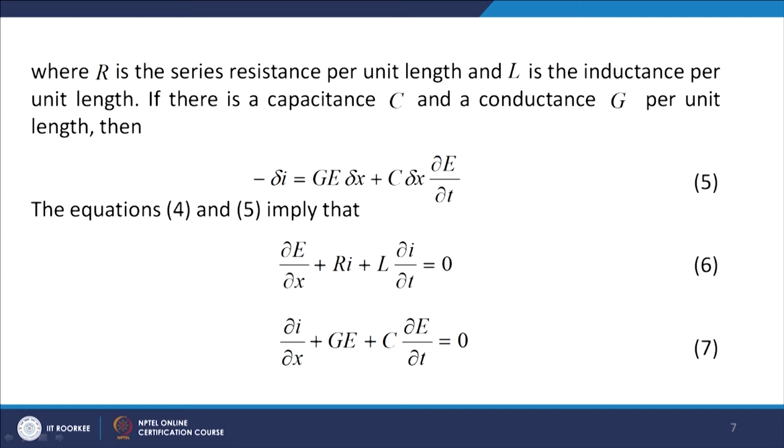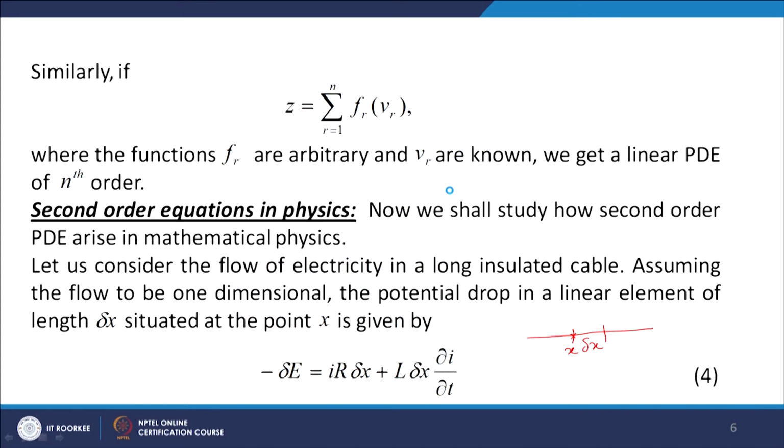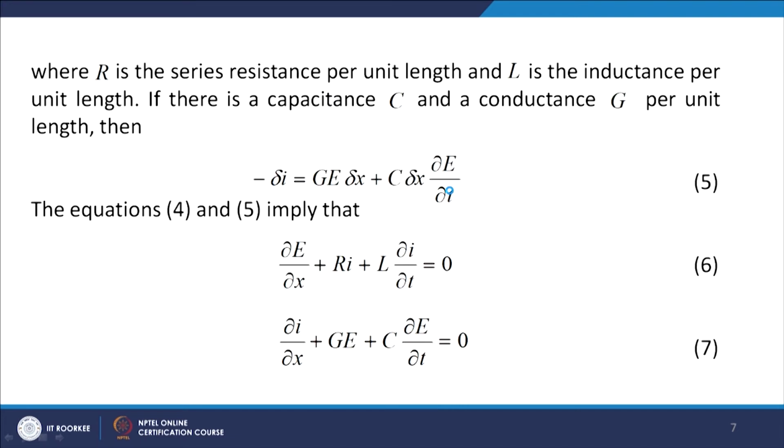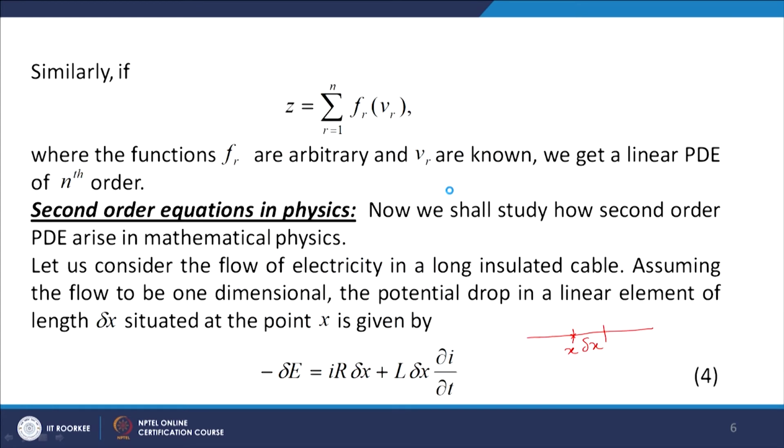Now, from equations 4 and 5, we divide equation 4 by delta x and let delta t go to 0, then delta x also goes to 0. So we have minus delta E by delta x equal to I R plus L delta I by delta t.